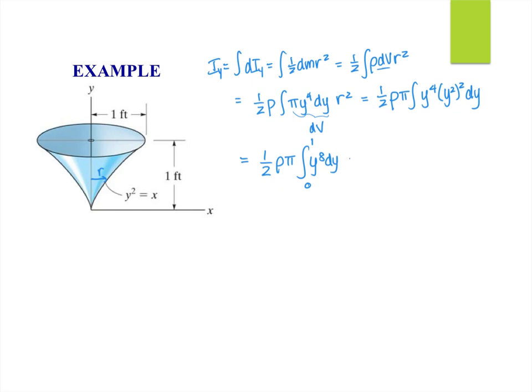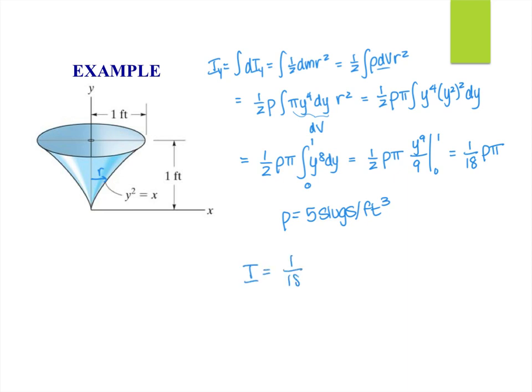And here I have 1/2 rho pi y to the ninth over 9, evaluated from 0 to 1, which just gives me a 1/9. So I have 1 over 18 rho pi. I already know what rho is, since I was given a value of rho, so I can say I is equal to 1 over 18 times 5 times pi.